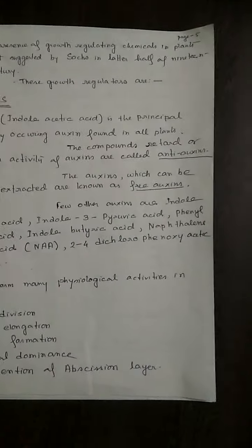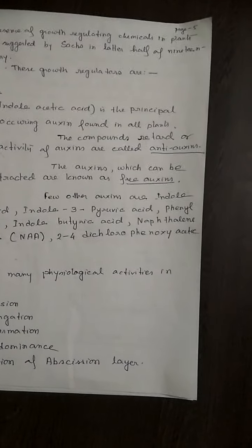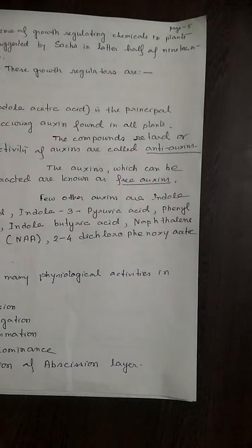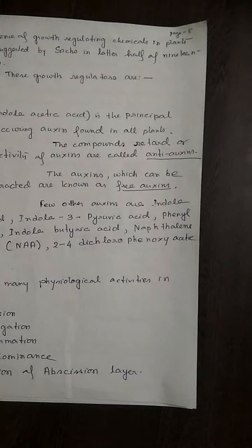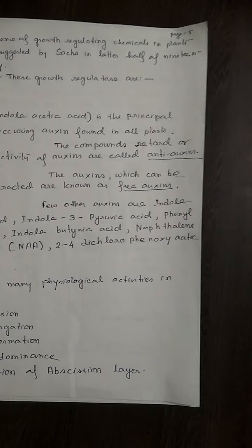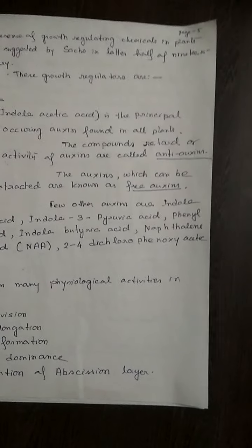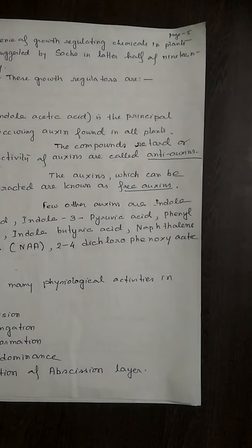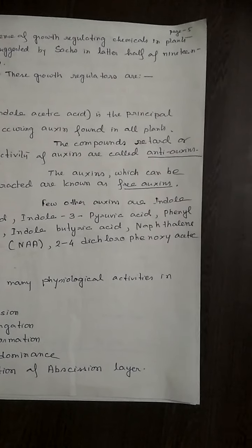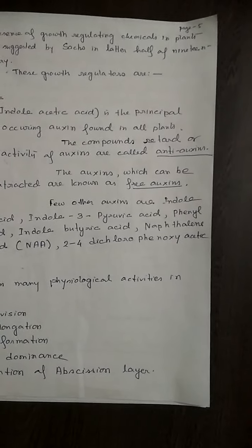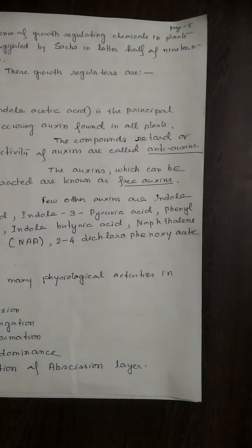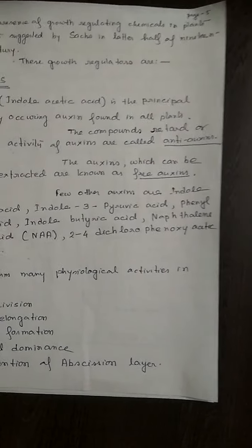A few other auxins are indole butyric acid, indole 3 pyruvic acid, phenyl acetic acid, or naphthalene acetic acid, which is NAA, and 2,4-dichlorophenoxyacetic acid.